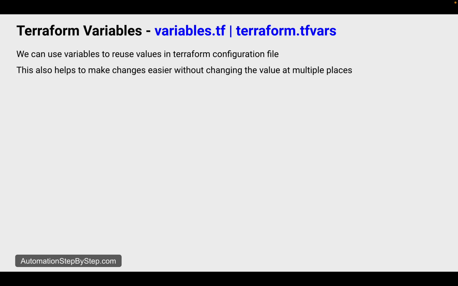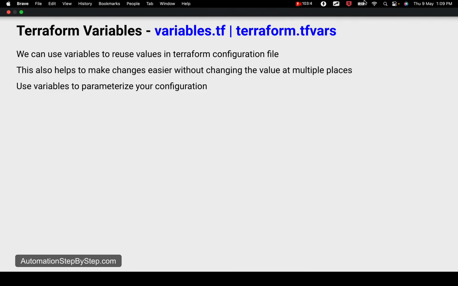Suppose we are using a value at multiple places in our configuration files, we can create a variable and get the value at all the places from that one variable, and whenever we want to change it we have to change it at one location. So it will be very easy to manage and very efficient as well.